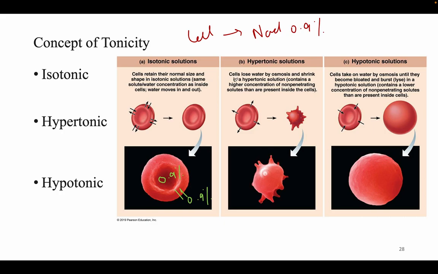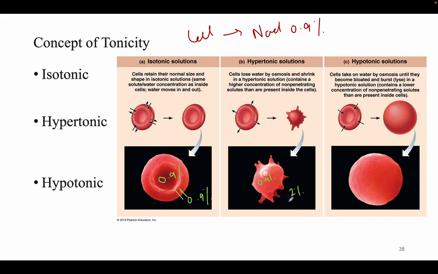But suppose the cell has 0.9% NaCl, which is normal, and you put it in a solution that has 2% NaCl. This is a hypertonic solution.